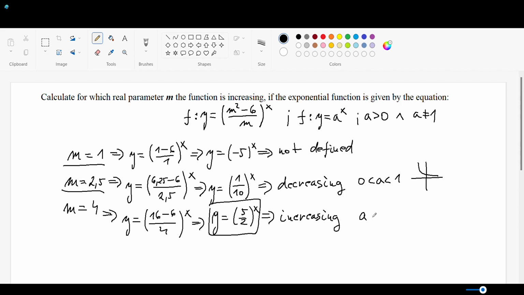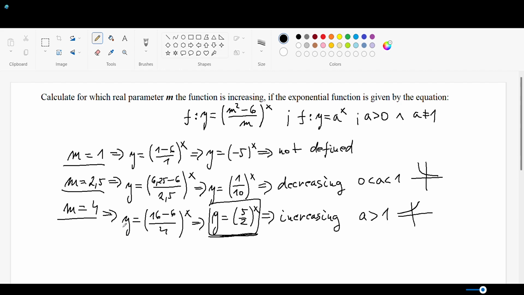Here 5 over 2 is greater than 1, and we know the graph of this kind of function is increasing. So for m being 4, the function is increasing.